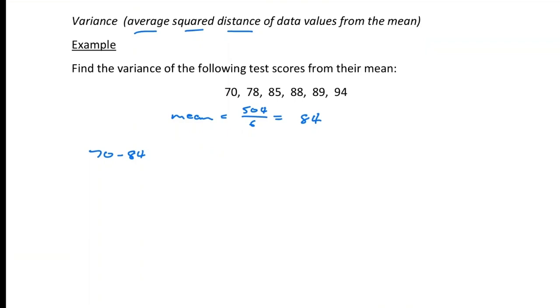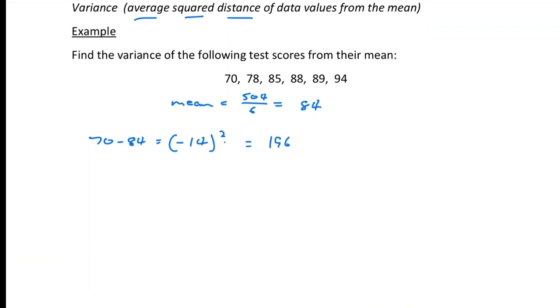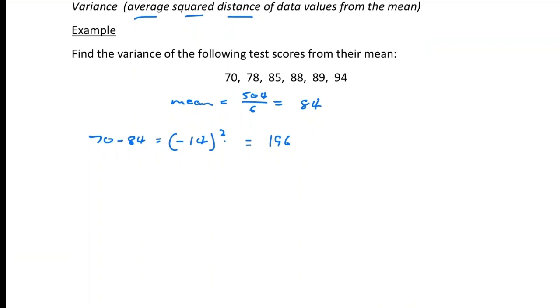But it really doesn't matter, because once I find that distance, I am going to square it because I want the square of that number. So ultimately it comes out positive anyway, which is why the order doesn't technically matter, unless you want to be critical and say that distance should be positive. So I should be doing 84 minus 70 to get a positive answer of 14. Point being, that is the squared distance from 70 to 84.